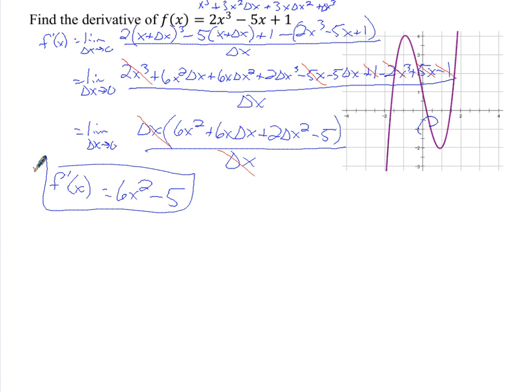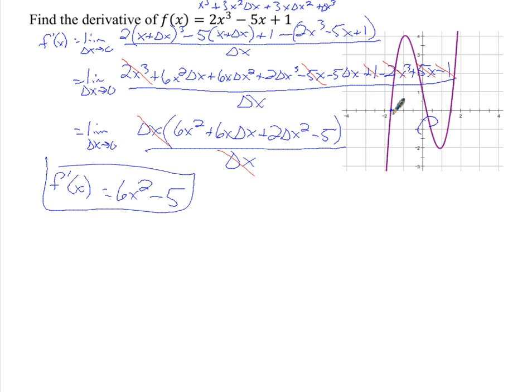So that's not that bad, right? Now let's take a look at the actual graph. This function tells me what? The slope at any given point on the graph. So if I just pick right here, what do you suppose that would be for a slope? Just looking at the graph, the slope looks pretty steep and positive, right?